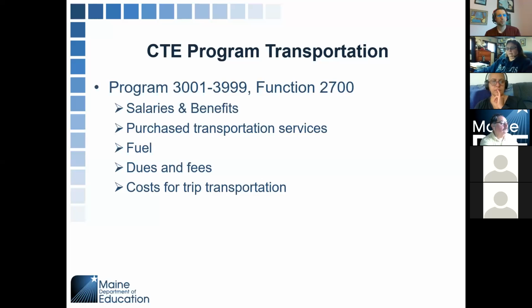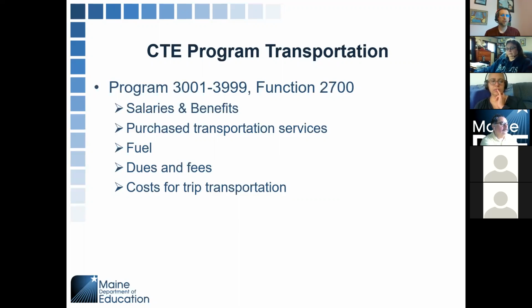And I know somebody's probably thinking out there, but wait, we have a CTE transportation code. And yes, we do, but that CTE transportation code is actually used for the coding of moving the students from their home SAU to the CTE center or region. That's the purpose of that function code.